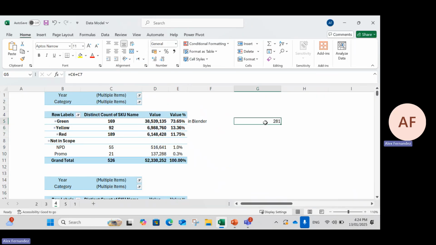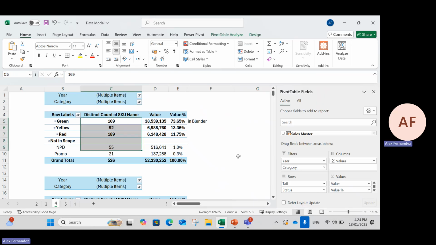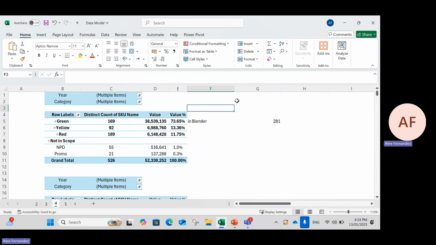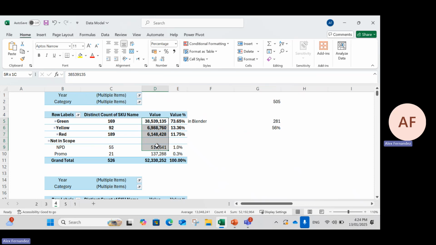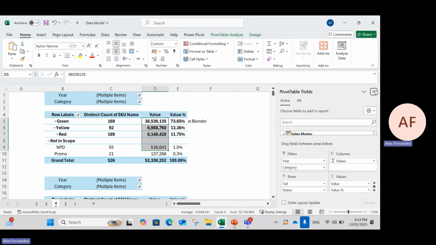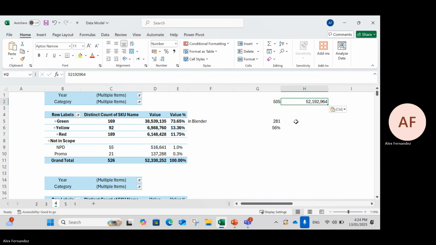And what is the percentage of share of assortment? We do 281 divided by all of these except promo. So 505 is the number here. So this is the share of assortment, and the share of value is 52.1 million.